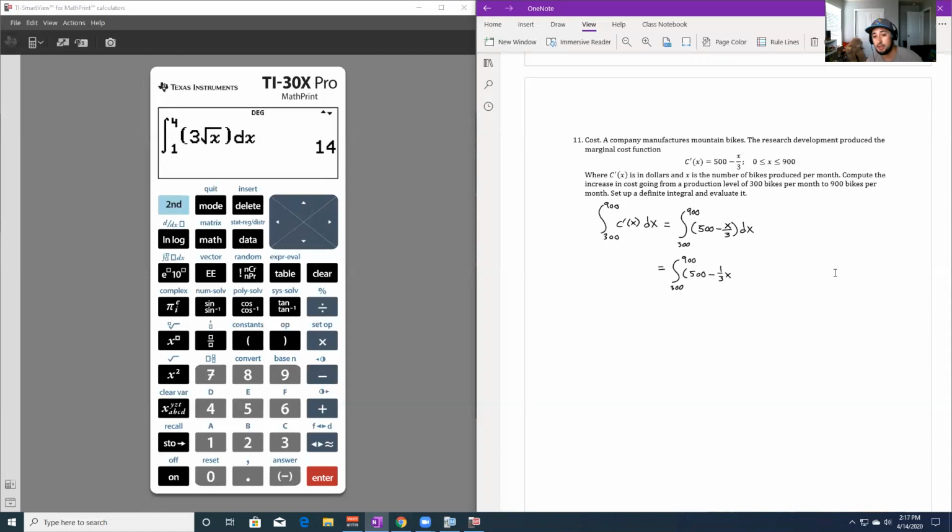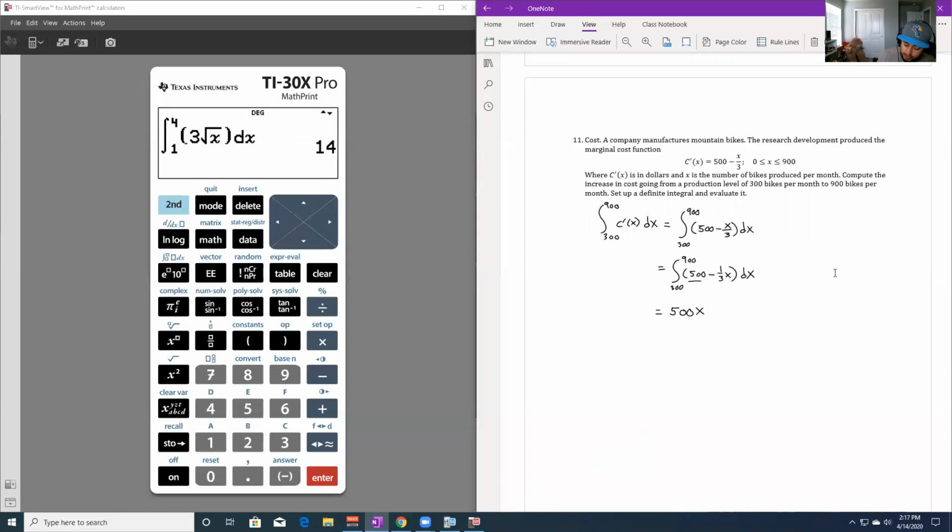That's it. Which means we are now ready for the antiderivative. We'll start with 500. The antiderivative of 500 is 500x. So we take care of that.